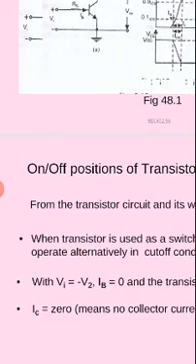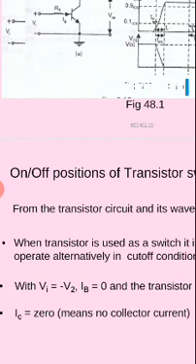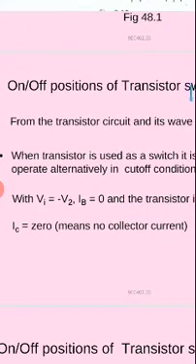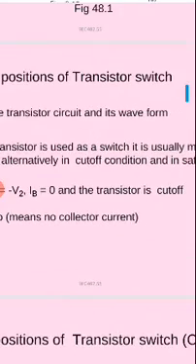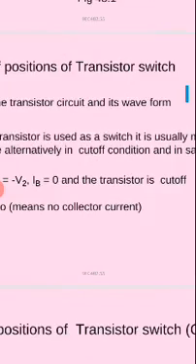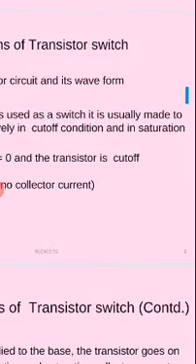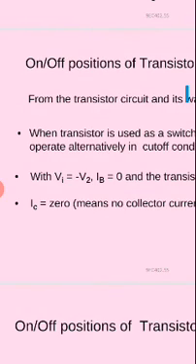From the transistor circuit and its waveform, when the transistor is used as a switch, it is usually made to operate alternately in the cutoff condition and in saturation.